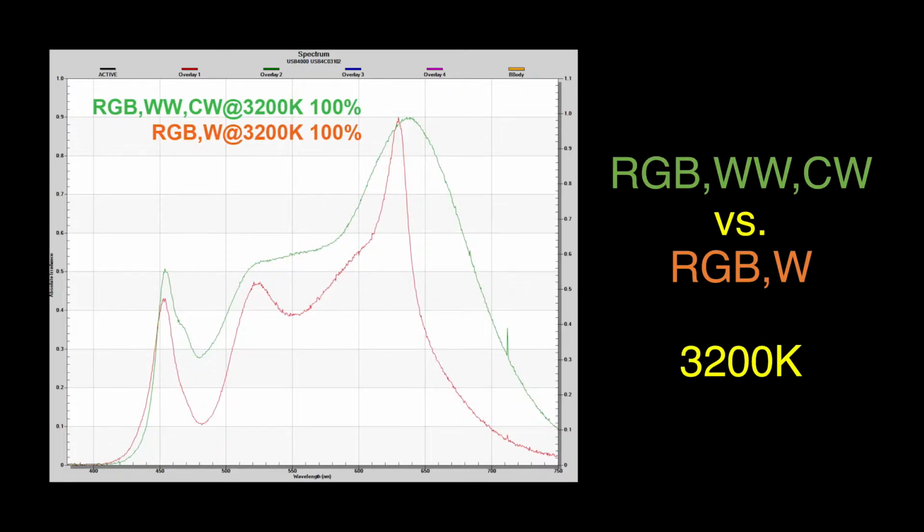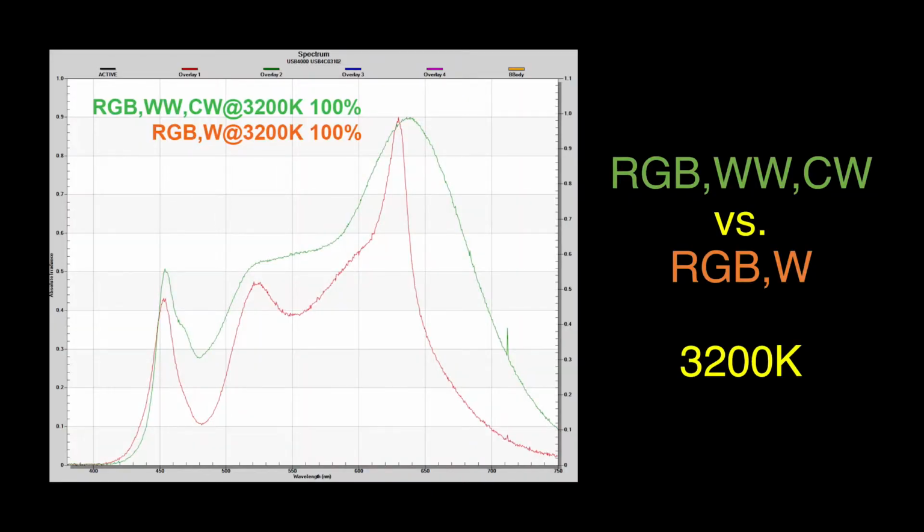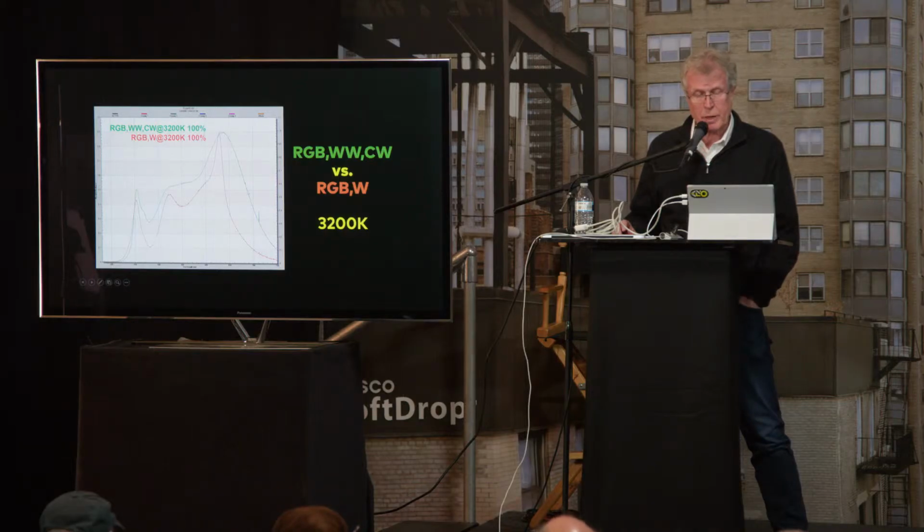So, not all white light is the same. Here, just to keep this presentation short, I'm just picking on 2, to give you an illustration. At 3200, the green line represents 2 whites. The orange line below it is a single white, and these lines represent the spectrum that is being outputted. We have to pay attention to this zone over here. This is a 450 emitter line. This is what every LED has.